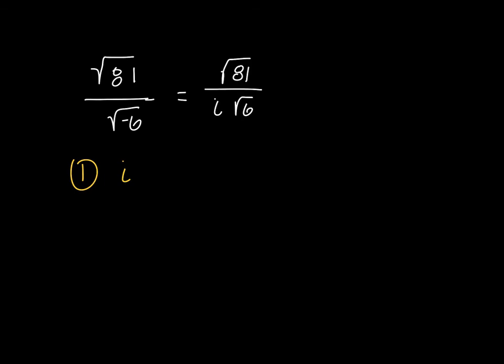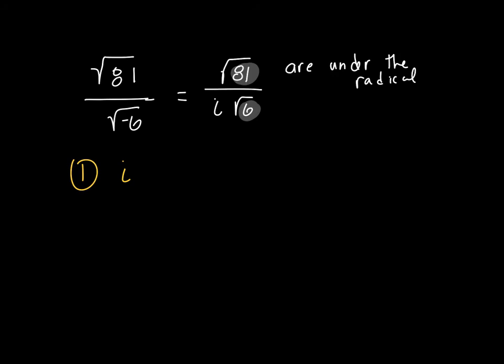Now, because both of the 81 and the 6 are under the radical, I want to go ahead and just reduce those because it's going to make life a little bit easier for us to do that.